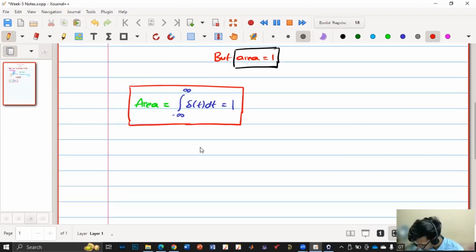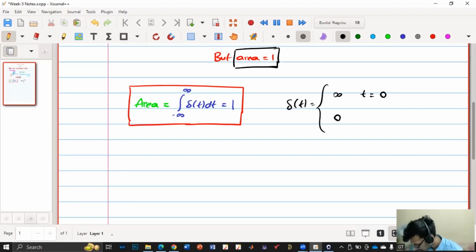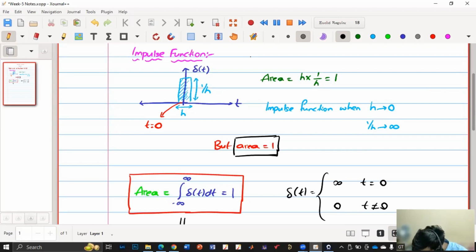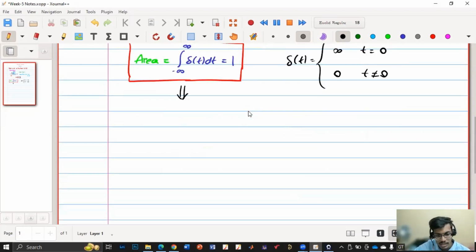Okay, so we can say in a way that delta of t is infinite when t equals to 0, and it is 0 when t is not equal to 0 during the entire time period from minus infinity to infinity. But from this, if you see, from this region to this region, if I consider this 0 plus and this 0 minus, so it starts from 0 minus to 0 plus, and within that tiny region, its value is infinite, such that the area is equal to 1.